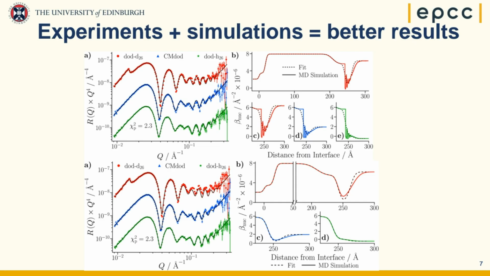The solid lines are the simulation, and the dashed lines are the fit from the experiment. And what we see there was that the model was very rough. It was too much atomic. We're simulating very smooth surfaces where real surfaces are not smooth. So once we introduced that roughness into the simulations, we were able to get simulations that were much closer to the fits from the experiments.